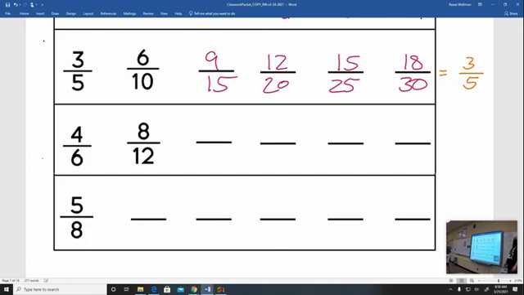Can't divide the numbers by each other, but we can divide them by something else. What can we divide them by, Jack?